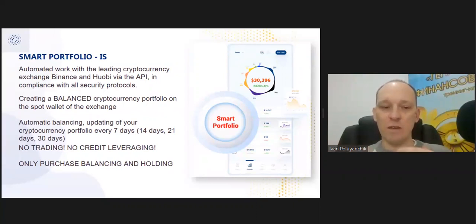And that portfolio can be balanced automatically every 7, 14, 21, or 30 days. So you topped up your exchange account, and the Smart Portfolio product is an algorithm that uses API keys and analyzes the market, will allocate your funds across different tokens that currently are the top tokens in the market.